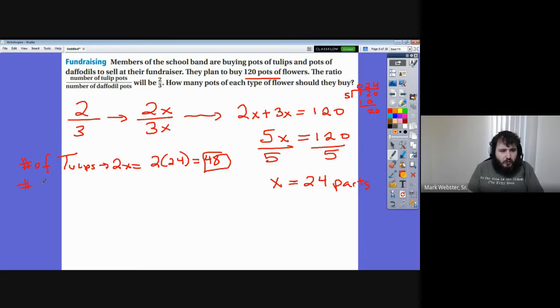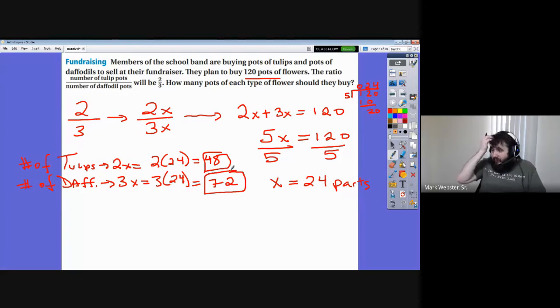The number of daffodil pots, I'm not going to write the whole word, I'll just do DAFF for daffodil, is 3x. Well, 3 times how many parts? 24 parts. 3 times 24. What was that, 72? 6, yeah, carry the 1, 72.